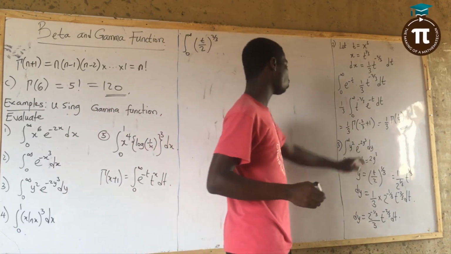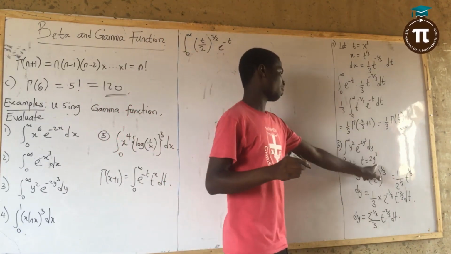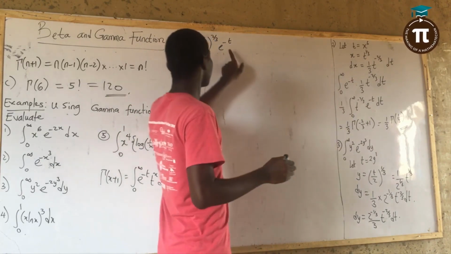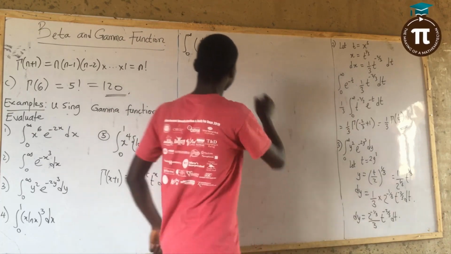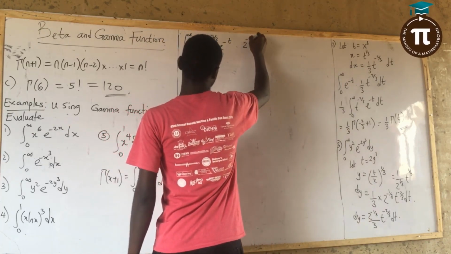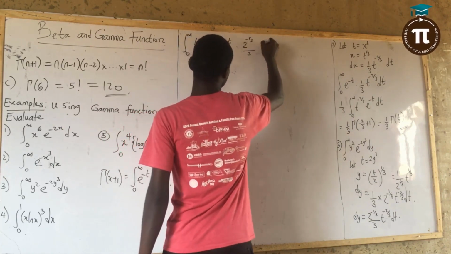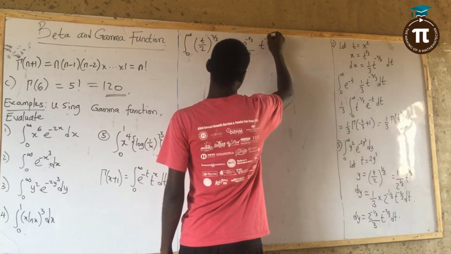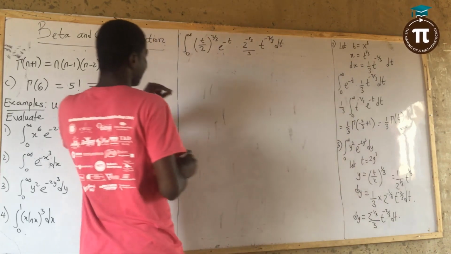Then I have e raised to power minus t, because 2y raised to power 3 is t. Then dy is 2 raised to power minus 1 over 3 t raised to the power of minus 2 over 3 dt. That's what we are going to have.